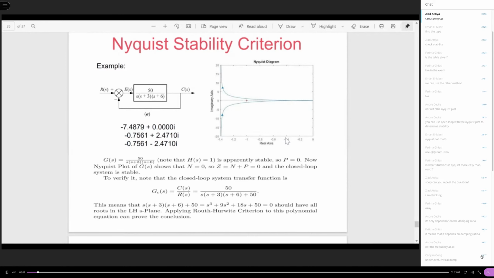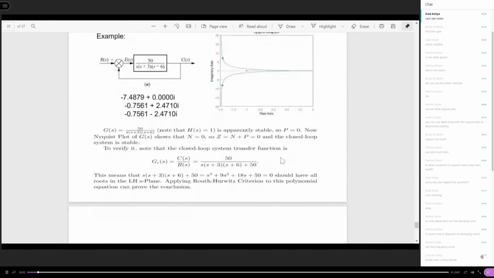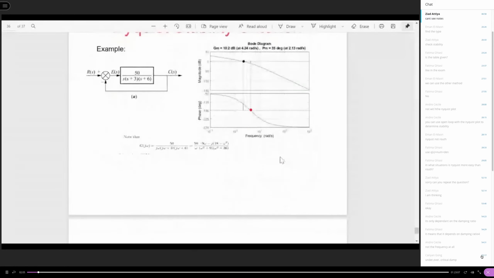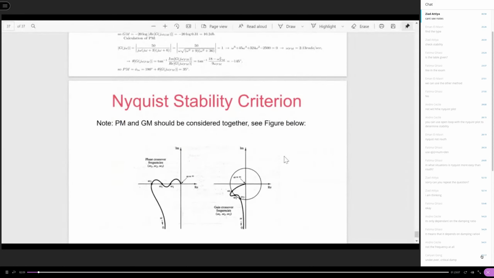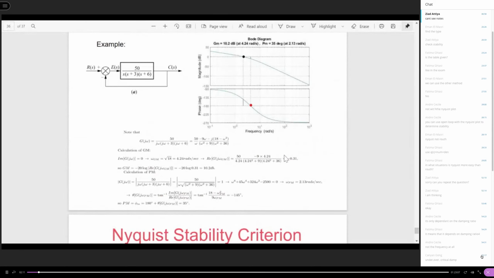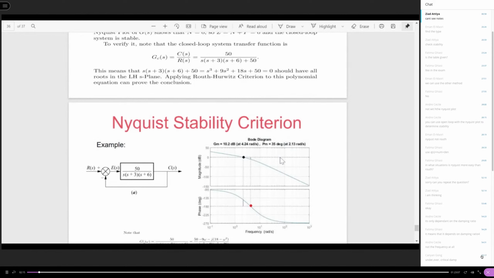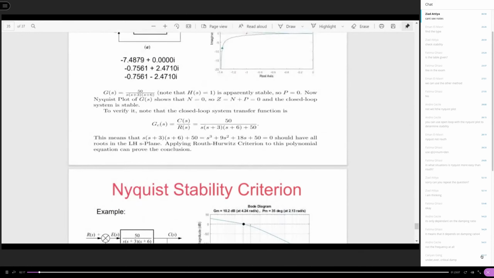So you understand that the Rose-Hurwitz criterion is applied to the closed loop system, and not the open loop system.